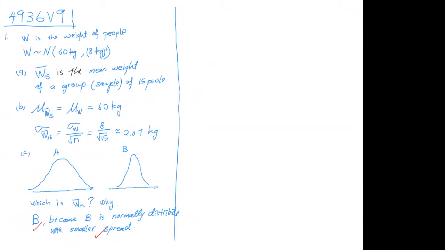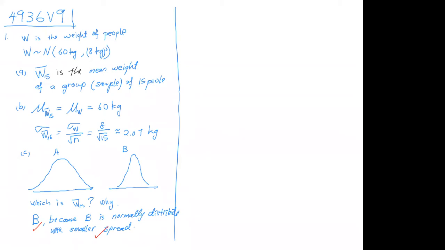Okay? Miss, do we need to mention that W is normally distributed, so therefore B will be normally distributed with smaller spread?